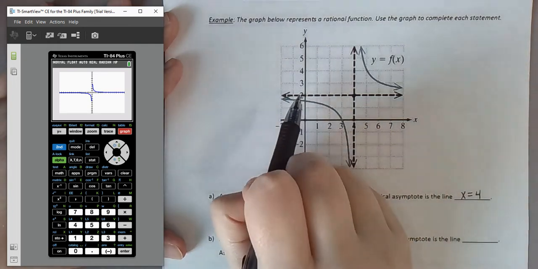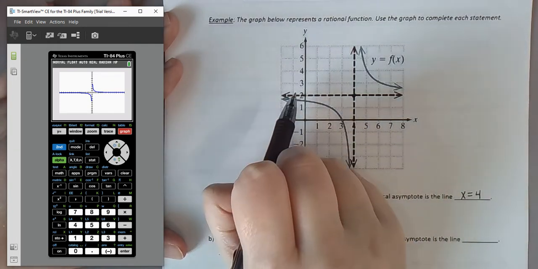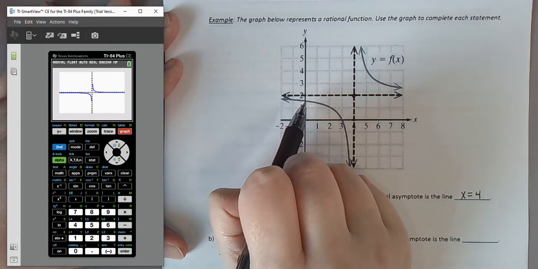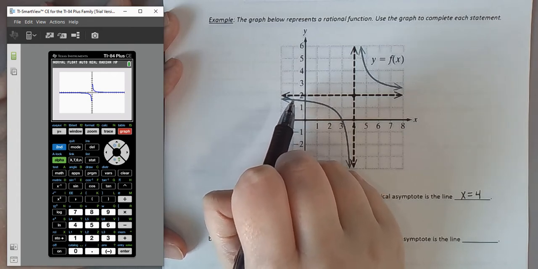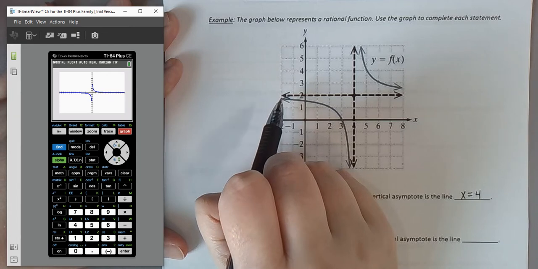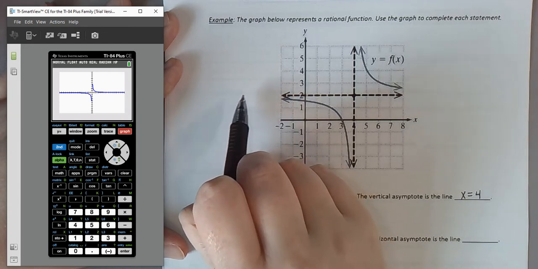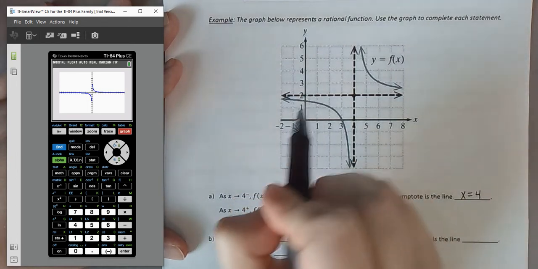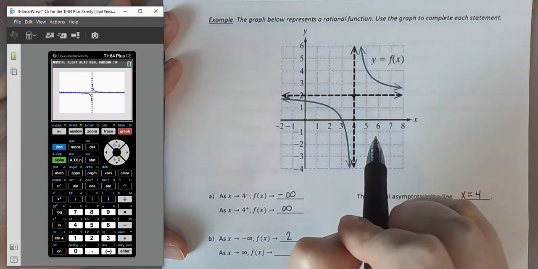And it's worth noting that they're approaching from below. So we're starting out with y values of maybe about 1.5, then about 1.8, 1.9, closer and closer to 2. Never quite there, but approaching from below the y value 2.